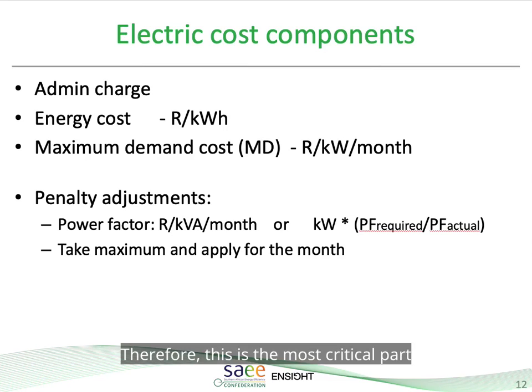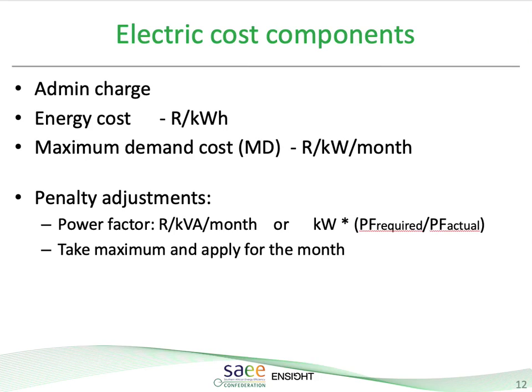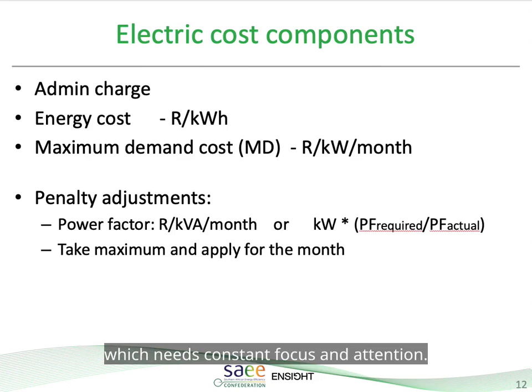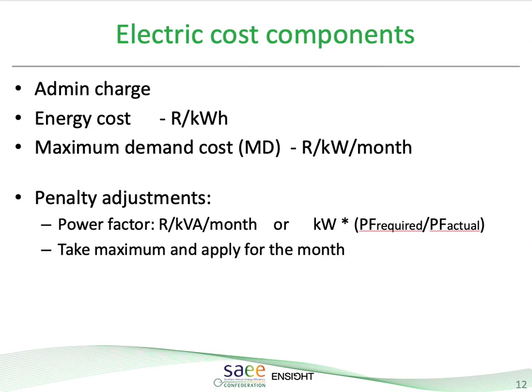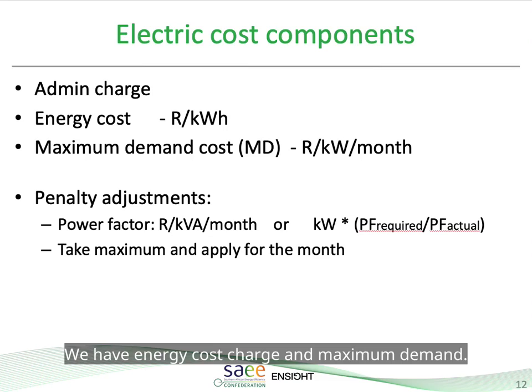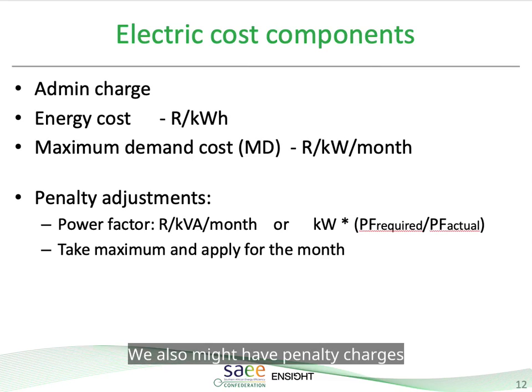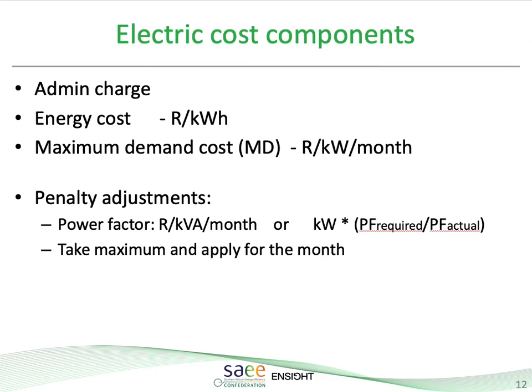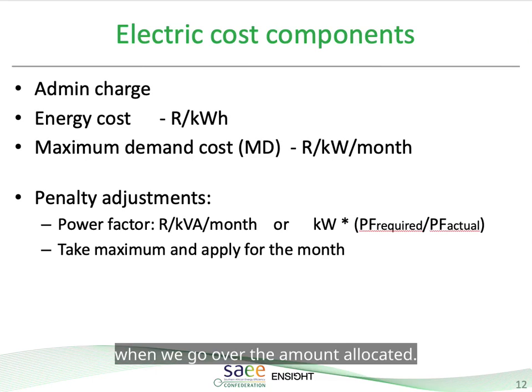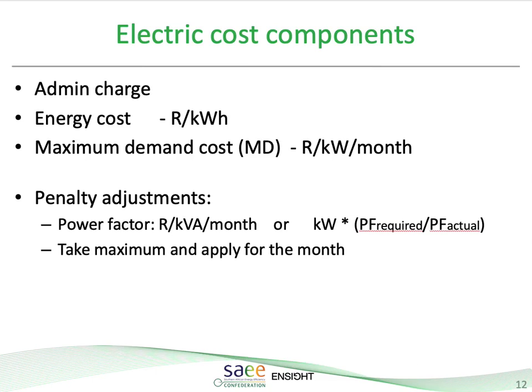Therefore, this is the most critical part of energy management at Formosa Textiles, which needs constant focus and attention. On the electrical cost components, we have the admin charge, we have energy cost charge, and maximum demand. We also might have penalty charges which relate to power factor when we go over the amounts allocated.